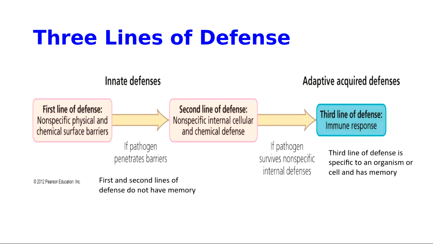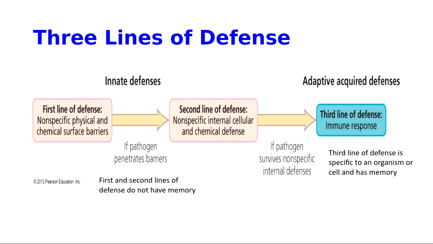The second line of defense is nonspecific, does not have memory, but it contains cellular components and chemical or humoral components. Humoral also means serum. It's an old term for serum. So these are chemical components that are found in serum.